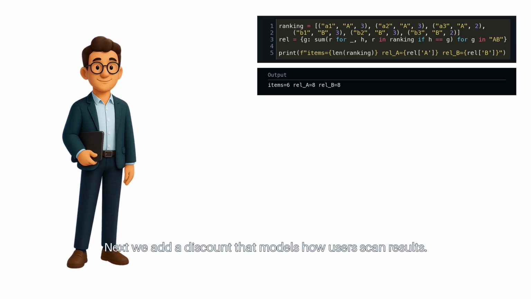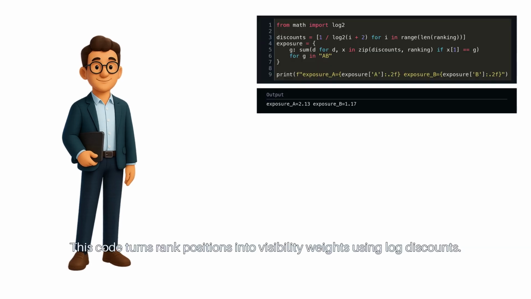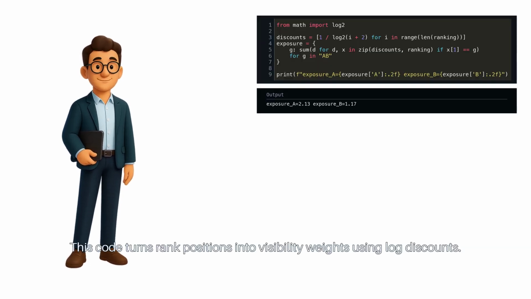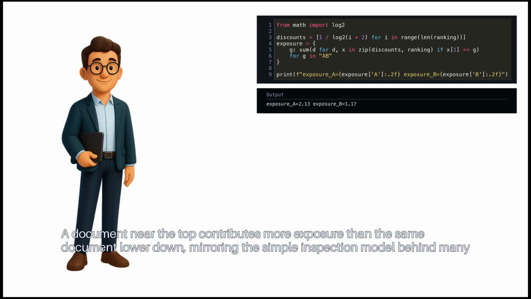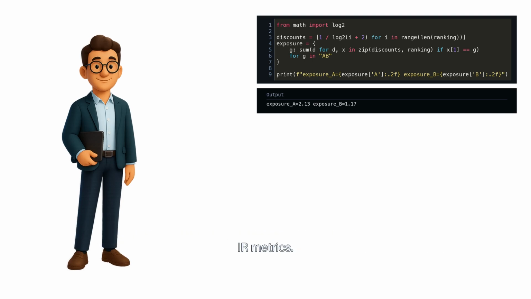Next, we add a discount that models how users scan results. This code turns rank positions into visibility weights using log discounts. A document near the top contributes more exposure than the same document lower down, mirroring the simple inspection model behind many IR metrics.